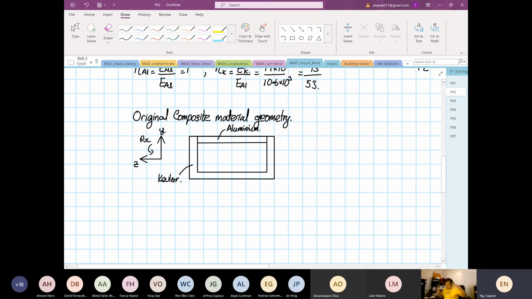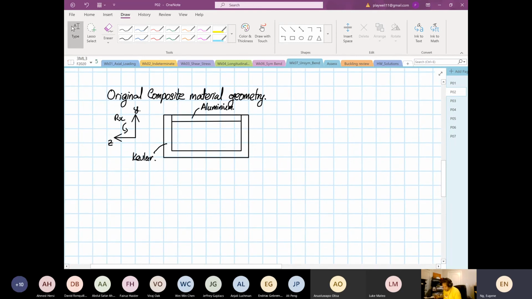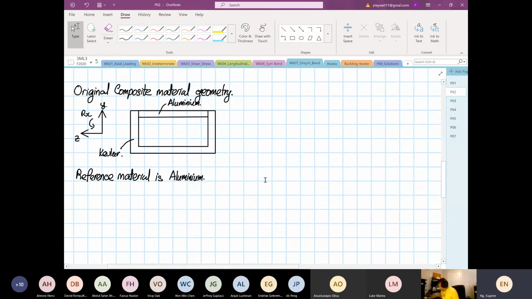Now we decided to use our reference material as aluminum. So what this means is the aluminum did not change in size at all.